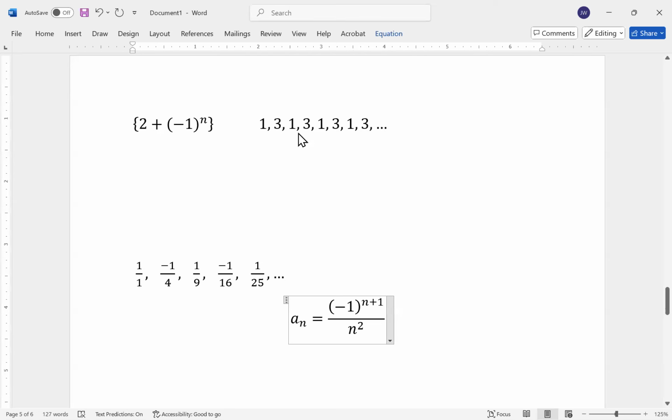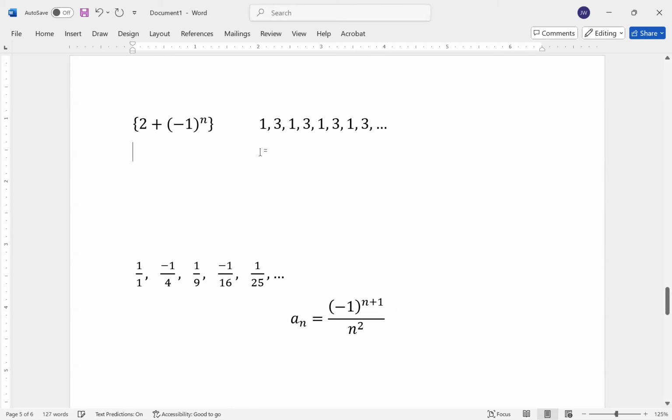So I want to look at that and talk about what sequences we're talking about and what sequences we're not. This has an alternating component of -1 to the n, where I had 2 plus -1 to the n. So that component is alternating, but the actual sequence is not.